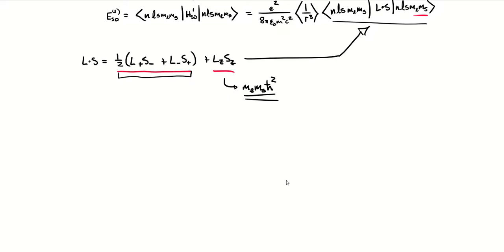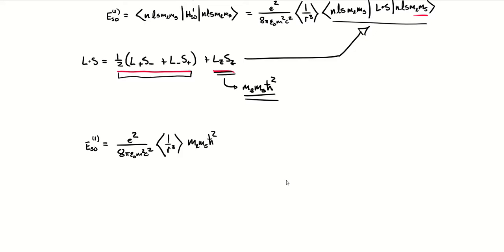Putting that all together, we arrive at that first order energy correction thanks to the spin orbit term. It's going to be e squared over 8 pi epsilon naught m squared c squared times that 1 over r cubed times that ml and ms h bar squared term from this Lz Sz part of that operator.